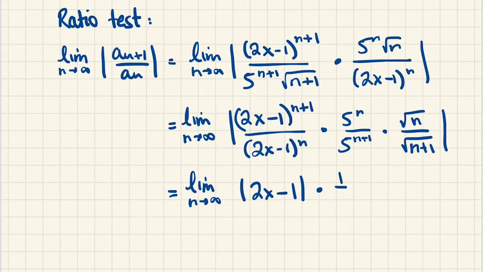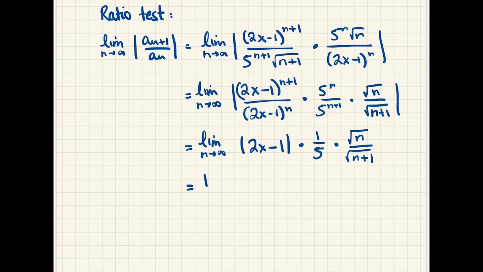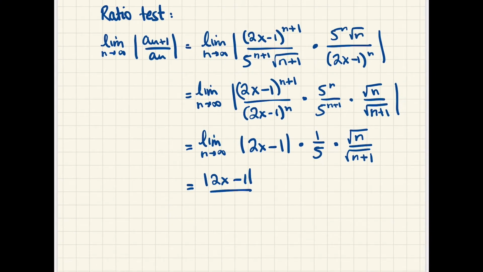So that battle of the exponentials becomes simply 1/5, and the root factors don't really do anything, except that's okay because they're not going to really impact the limit. In fact, that's the only part where there is an n, and the limit of this algebraic factor is simply 1, which means that this entire evaluation comes out to that.